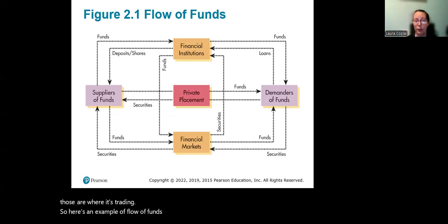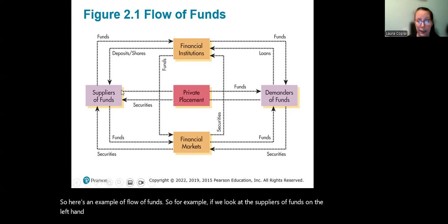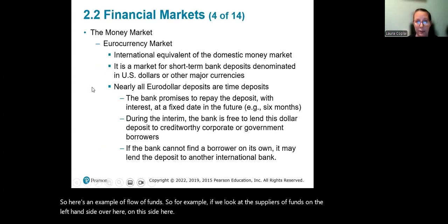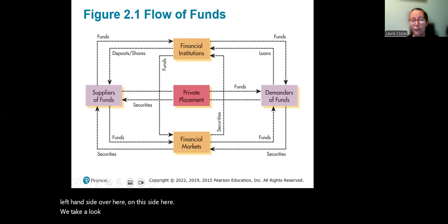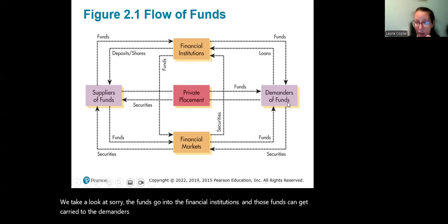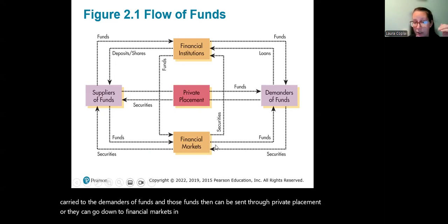If we look at the suppliers of funds on the left-hand side, the funds go into the financial institutions, and those funds can get carried to the demanders of funds. And those funds then can be sent through private placement, or they can go down to financial markets in the form of securities.